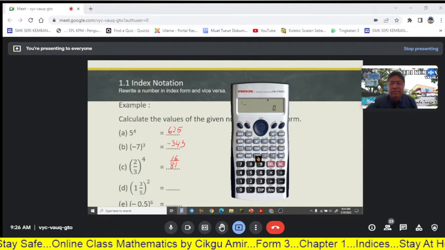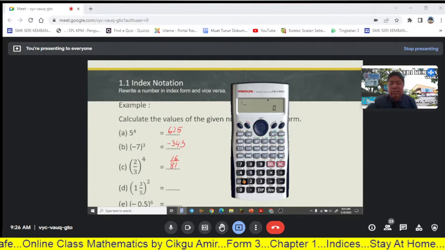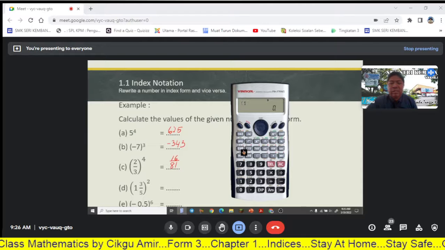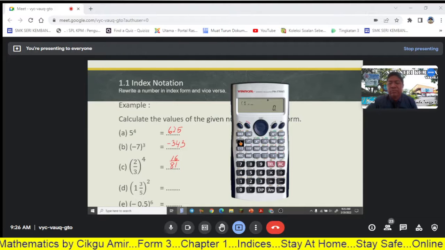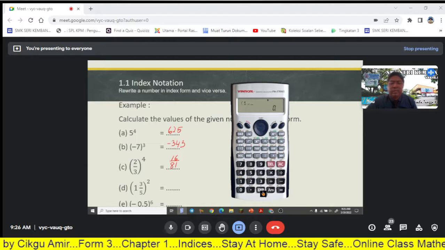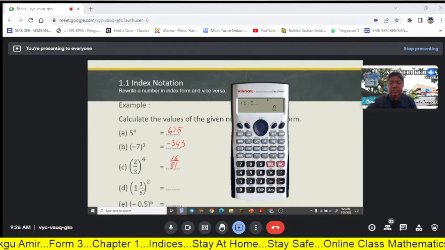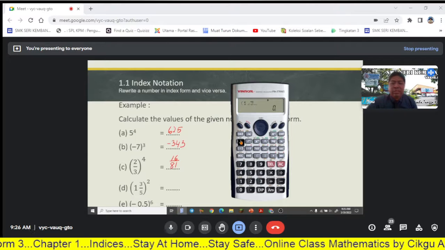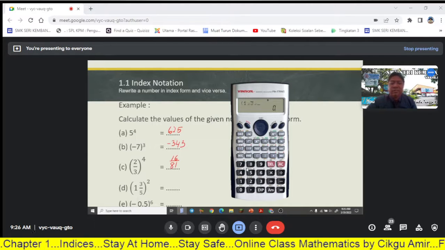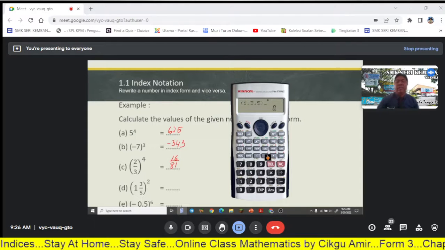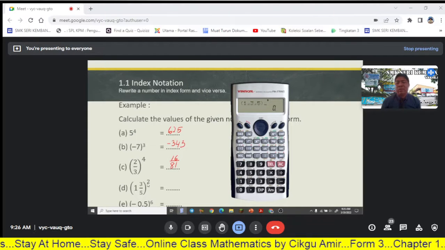Open bracket, number 1, a b/c, 3, a b/c, 5, close your bracket, and the power of 2.